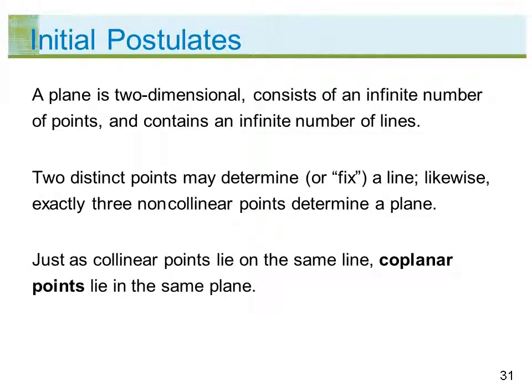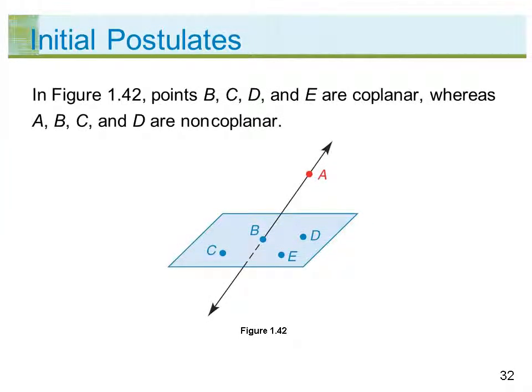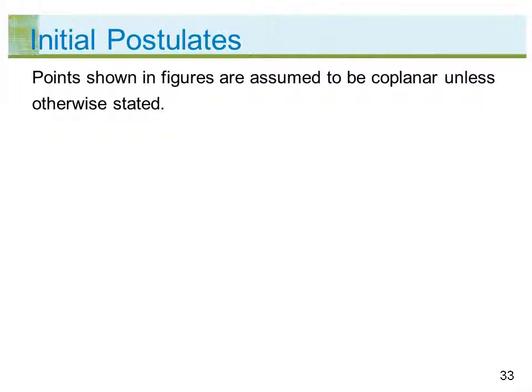Just as collinear points lie on the same line, coplanar points lie in the same plane. In Figure 1.42, points B, C, D, and E are coplanar, whereas A, B, C, and D are non-coplanar. Points shown in figures are assumed to be coplanar unless otherwise stated.